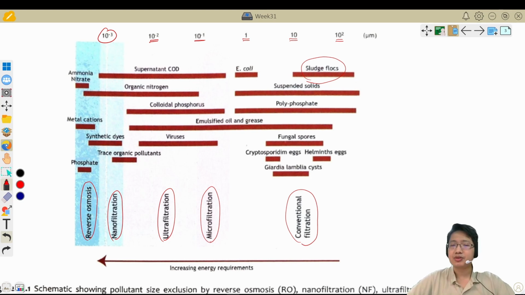Or if you are going to separate even single cells, like E. coli cells, they range about 0.5 to 1.5 micrometers. So by using microfiltration and ultrafiltration membranes, they are able to separate the activated sludge very well from your effluent. So that's the development of the membrane bioreactors.